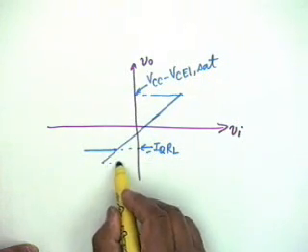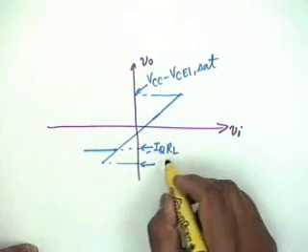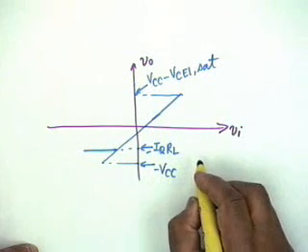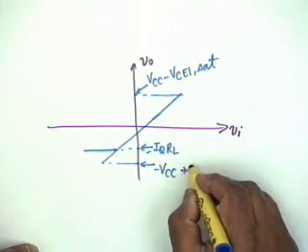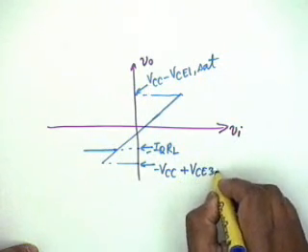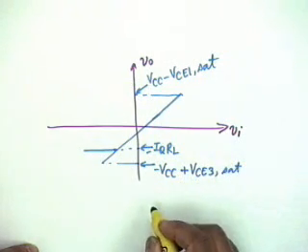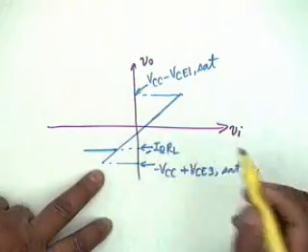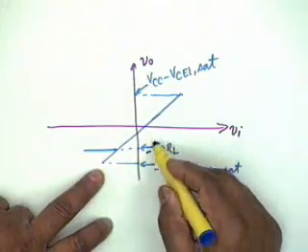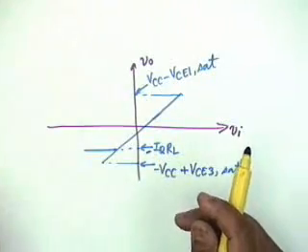The absolute minimum that is possible is minus VCC plus VCE3 set, that we have already seen. But what happens is, before that, IQ RL puts Q1 off, and if Q1 is off, then no amplification. All right. Okay.